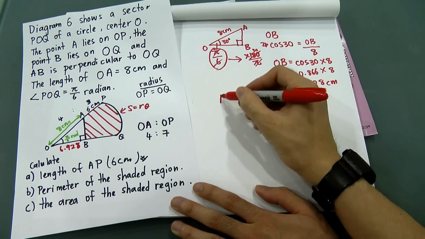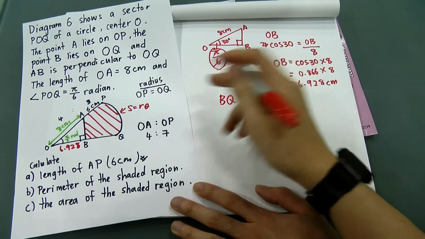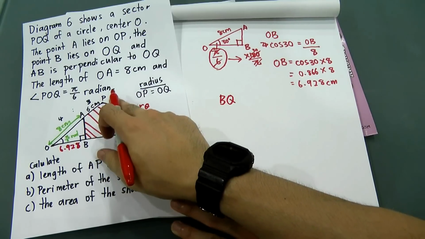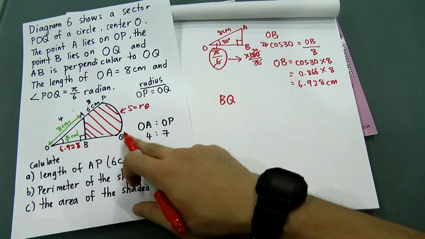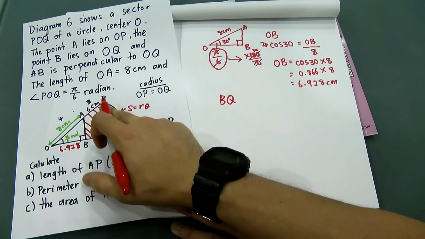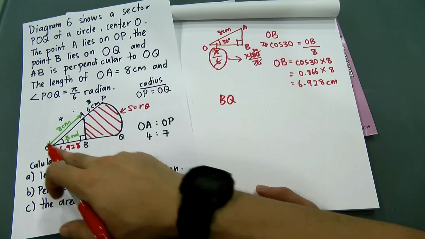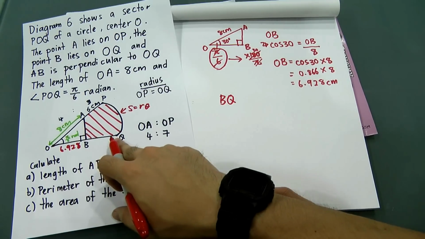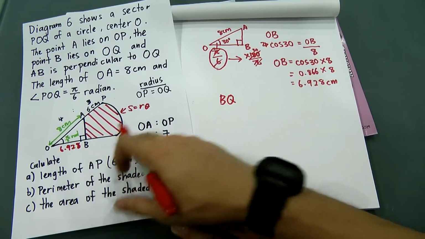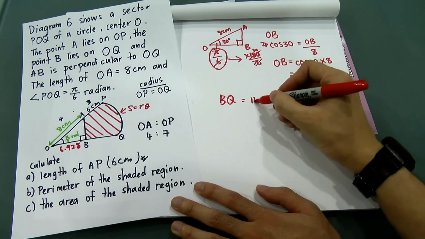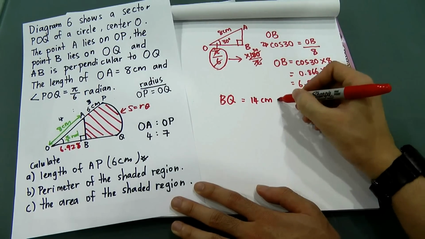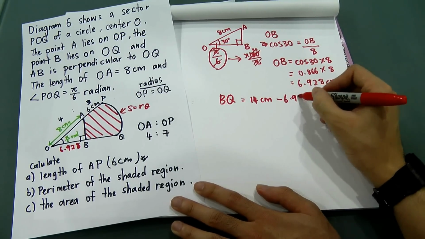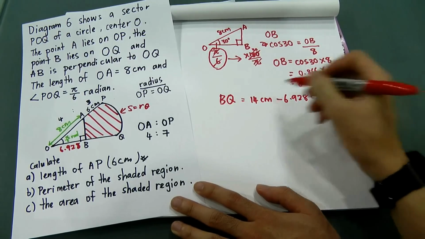Okay, after that you want to find the length BQ. BQ is very simple, because we know this length OP is the same as OQ, and OP is 14 centimeters, so OQ is the same, 14 centimeters. So BQ will equal 14 centimeters minus 6.928 centimeters.